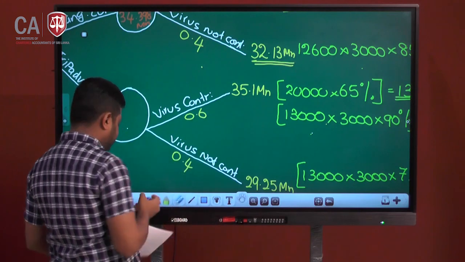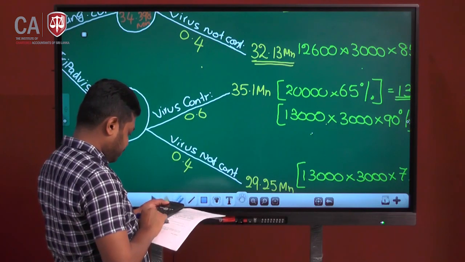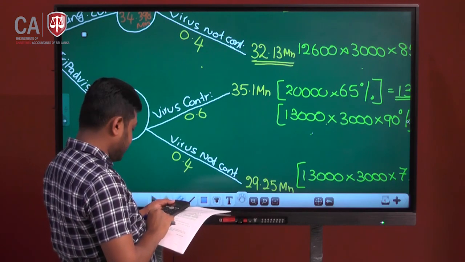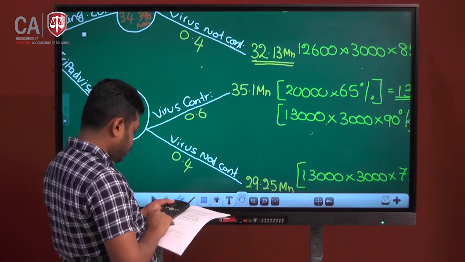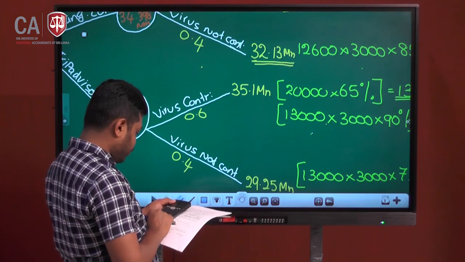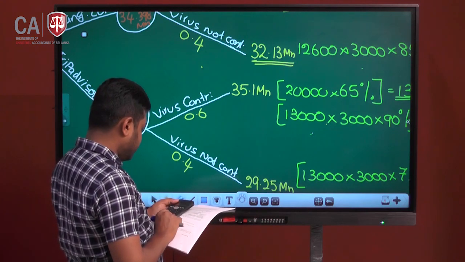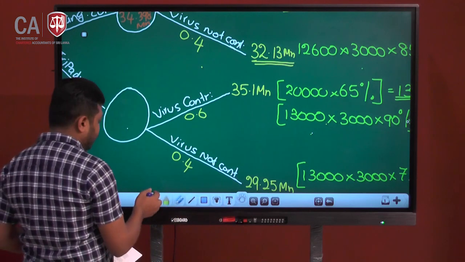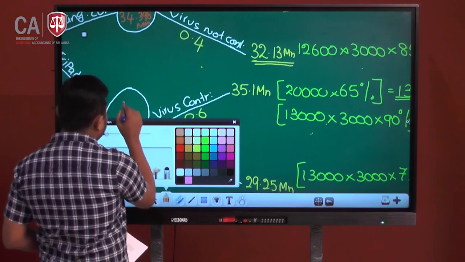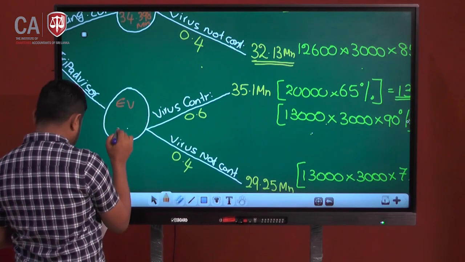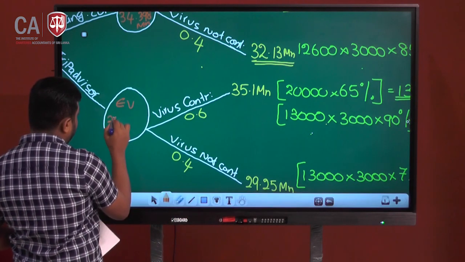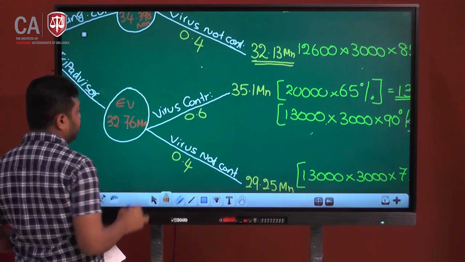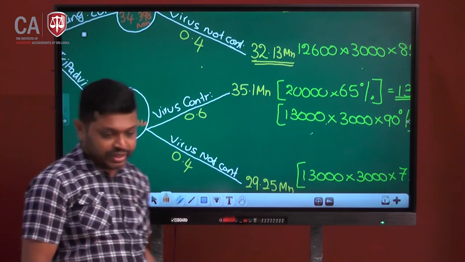Now you can easily calculate the expected value here. 35.1 into 0.6 is 21.6 million, plus 29.25 into 40%. Altogether the expected value is 32.76 million.